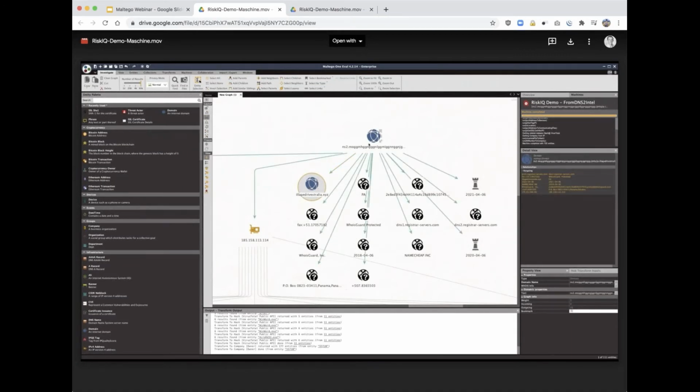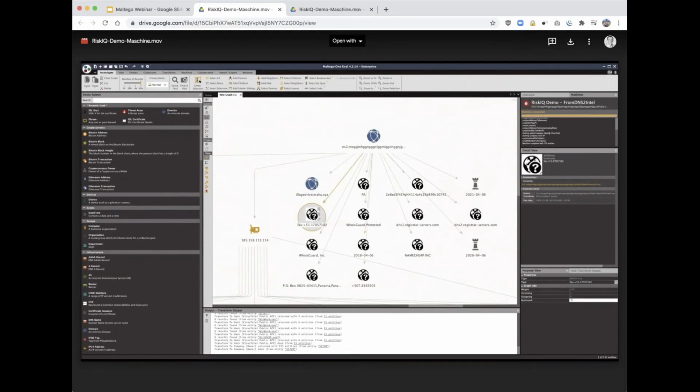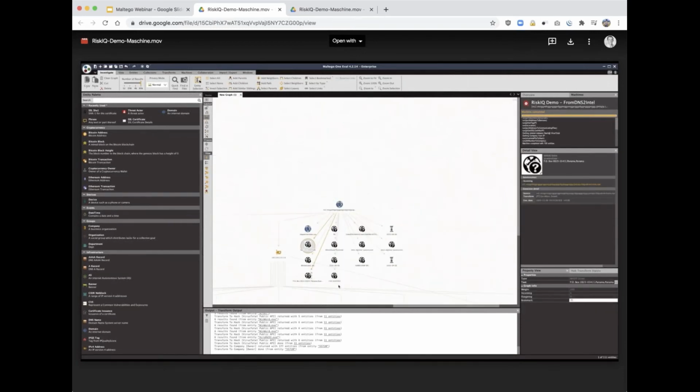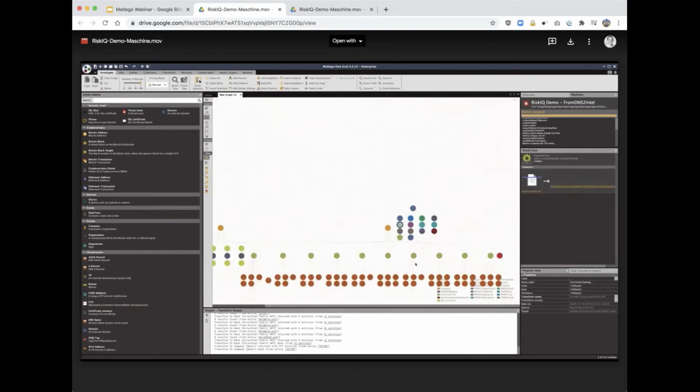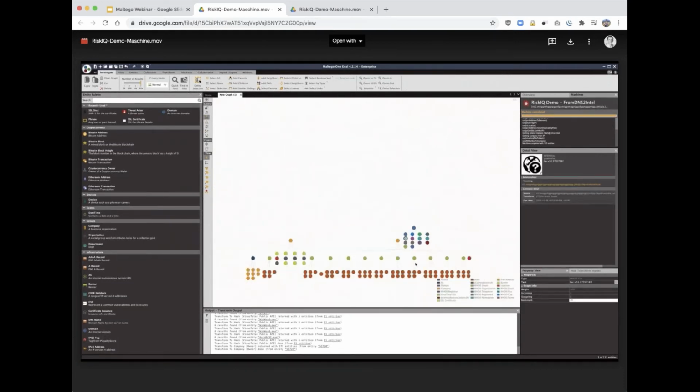So as you can see here, I get the domain name, the top level domain, and the domain, and WHOIS information about this domain, and also the IP addresses. In this view, you can go through and look for telephone numbers, email addresses, and so on. So as you can see, it's really nice how the graph is explored.